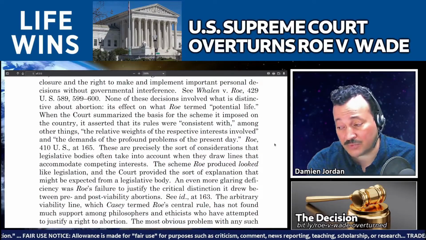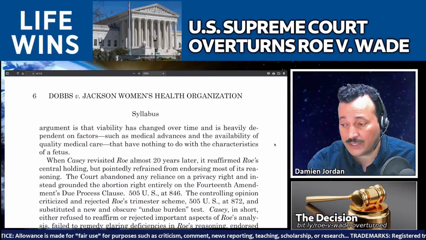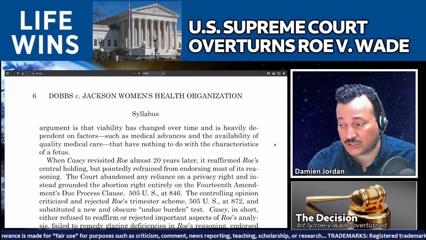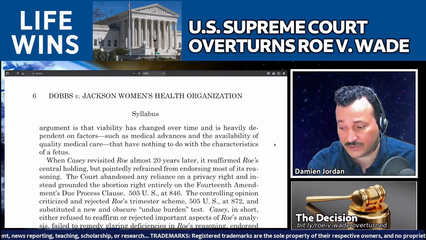The most obvious problem with any such argument is that viability has changed over time and is heavily dependent on factors such as medical advances and the availability of quality medical care that have nothing to do with the characteristics of a fetus.